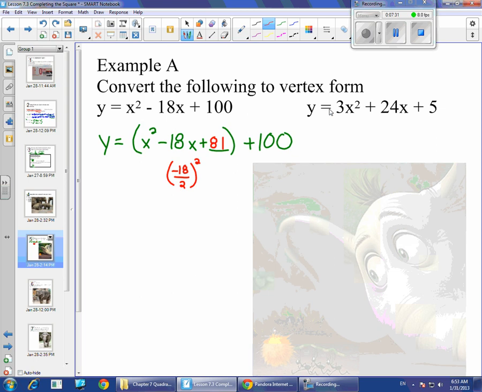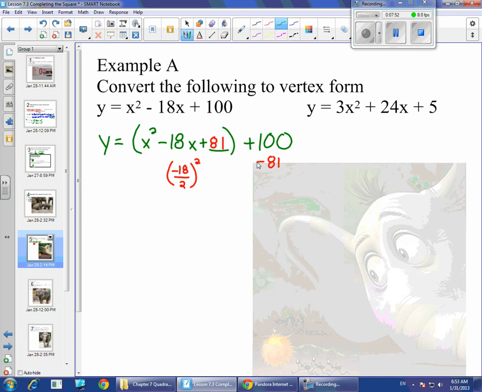So I'm also going to subtract 81 from the right-hand side. Notice, if I add 81 and then subtract 81, that's the same as adding on 0. So I'm not technically changing the value of the right-hand side, so that is algebraically legal.